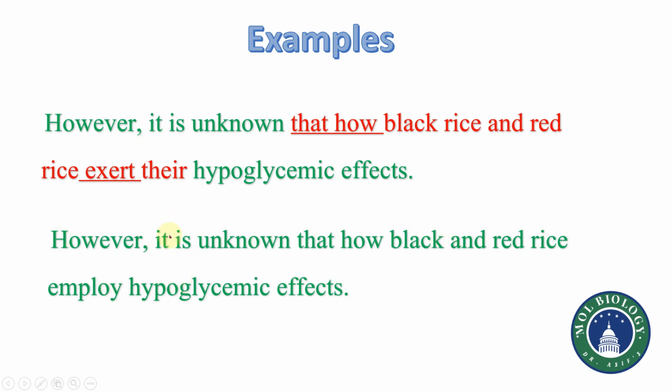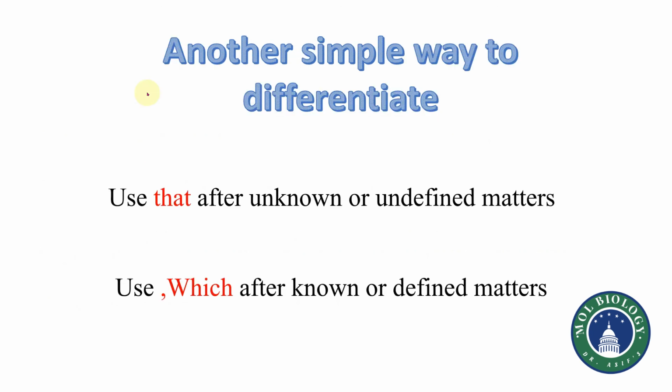So this sentence can be changed to: however, it is unknown that how black and red rice imply hypoglycemic effects. Here we have seen that in scientific writing, sentences should be concise, and words which are just giving extra length to the sentence can be removed. We should follow these guidelines for the use of "that" and "which".